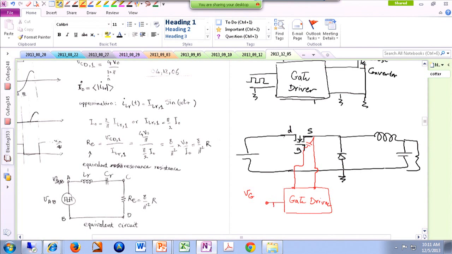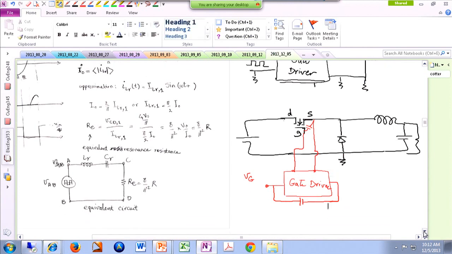So technically you can imagine that there is a kind of a battery existing over here, and this battery is a floated battery. It has nothing to do with the ground of your system. And then this gate driver gets the commands from your controller.